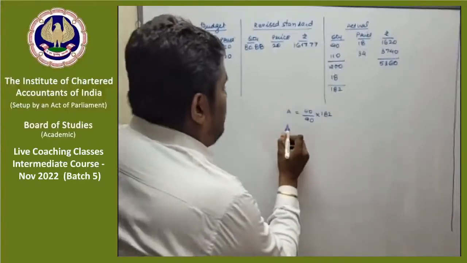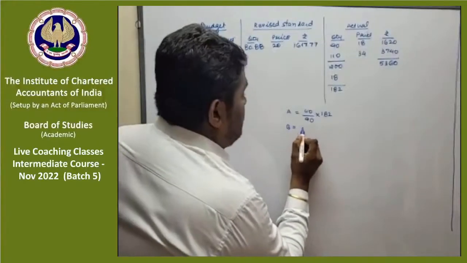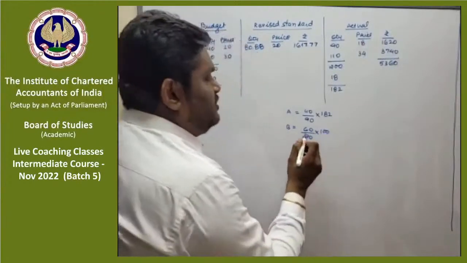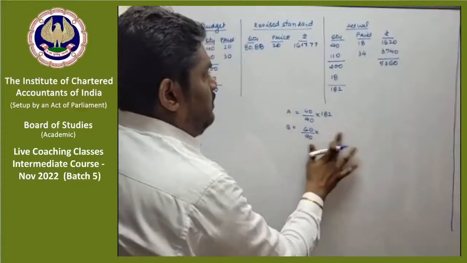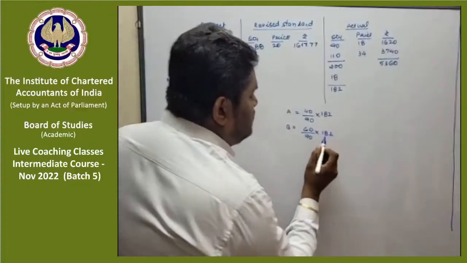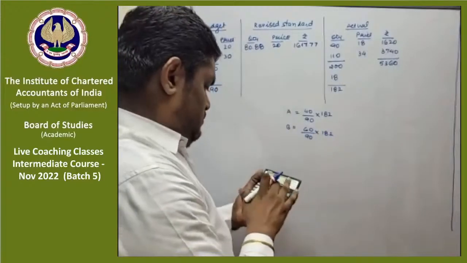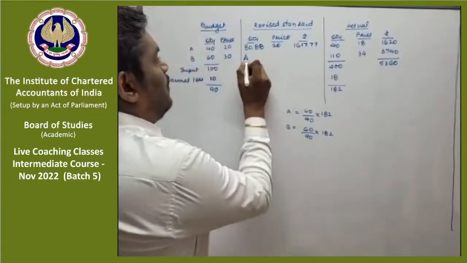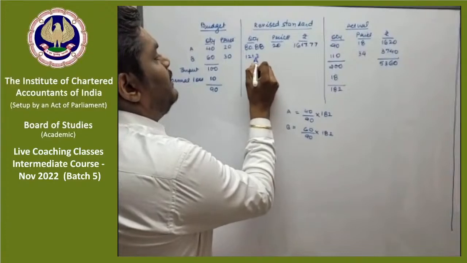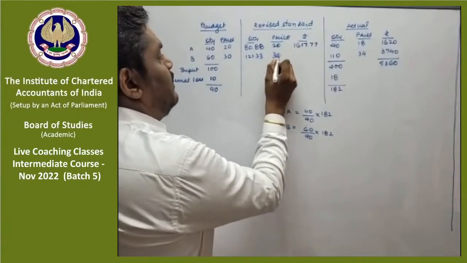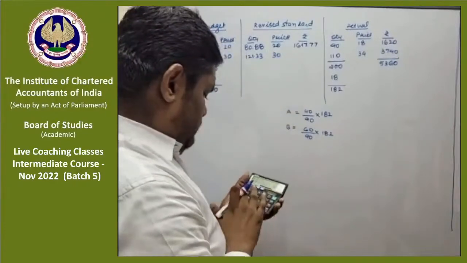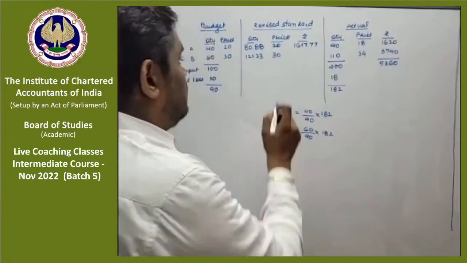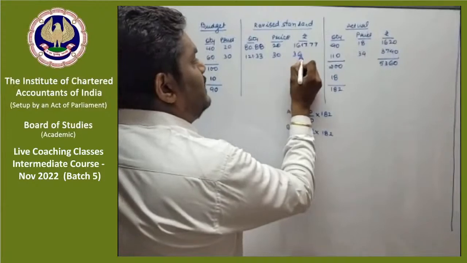Similarly, for B, 60 for 90. So for 182, how much? 121.33 and 30. This is 3640.